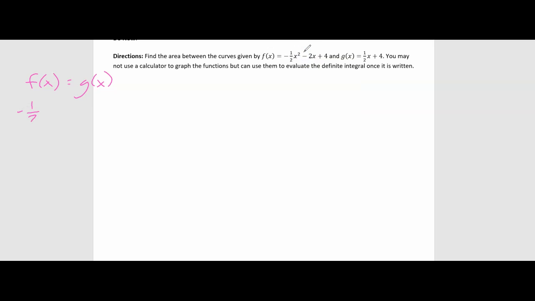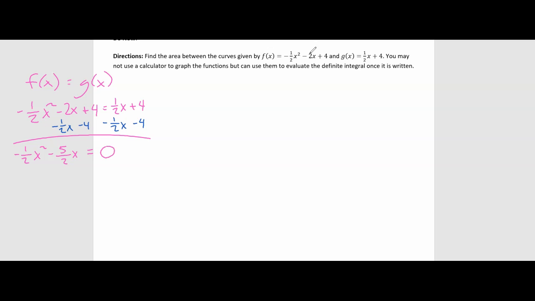So I'm going to get negative 1/2 x squared minus 2x plus 4 is equal to 1/2 x plus 4. I'm going to get all of the terms on the left-hand side, so I'm going to subtract 1/2 x and 4 from both sides. I get negative 1/2 x squared minus 5/2 x plus 0 is equal to 0.